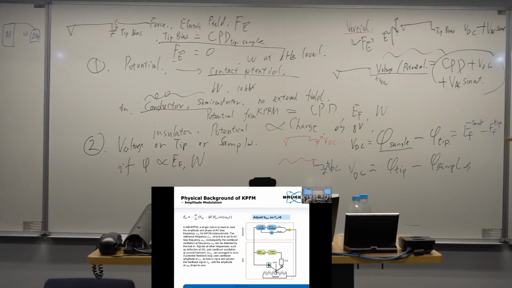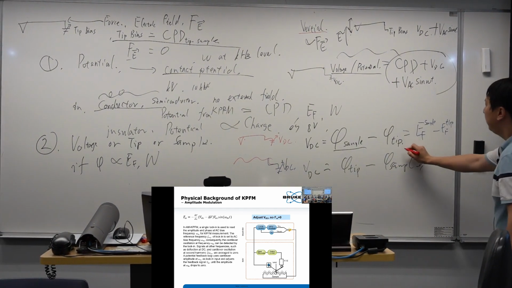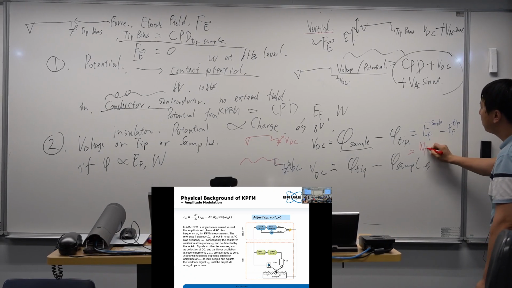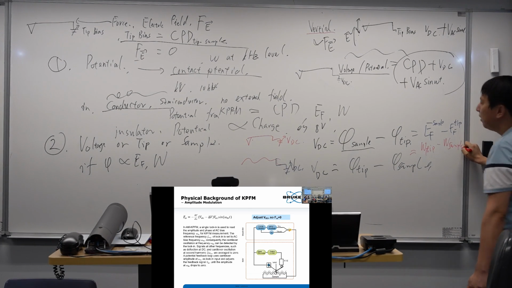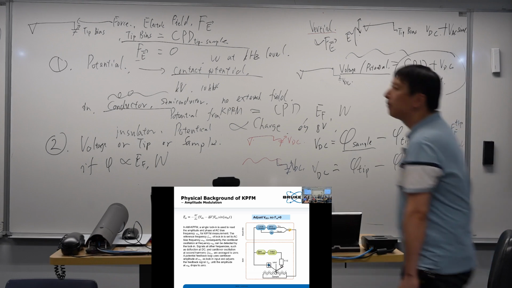But once it goes to the work function, it will be the work function of tip minus the work function of sample, because the definitions of work function and Fermi level are opposite, right?